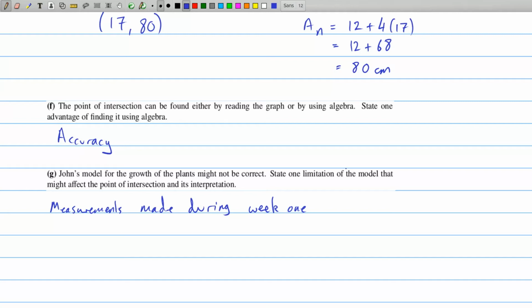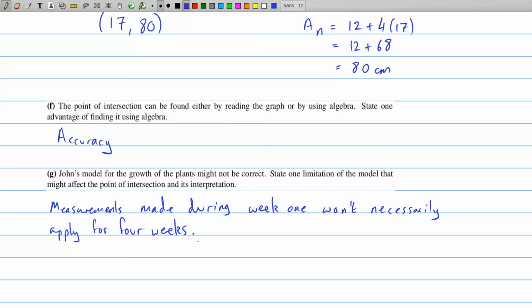He's trying to extend his model. He's taken measurements from this first week and he's trying to apply them over the next 3 weeks as well, which isn't necessarily going to be the case. I mean, things will come in like maybe the sunflowers have a maximum height, or as they get taller they don't grow as quickly, or maybe they grow even faster as they get taller. Maybe it depends on the room. There's more lighting lower down or higher up or something like that.